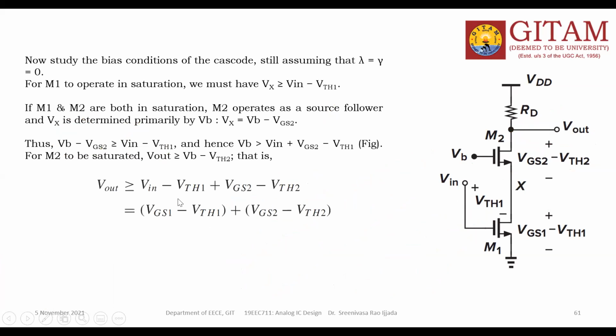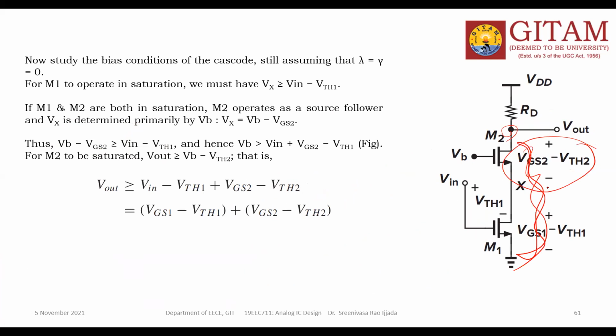This is what I wrote here. I'm talking about M2 saturation. Vout should be greater than Vin minus Vth1 plus Vgs2 minus Vth2. I'm talking about the total voltage. Vout is the drain potential, and this value should be more than this voltage.